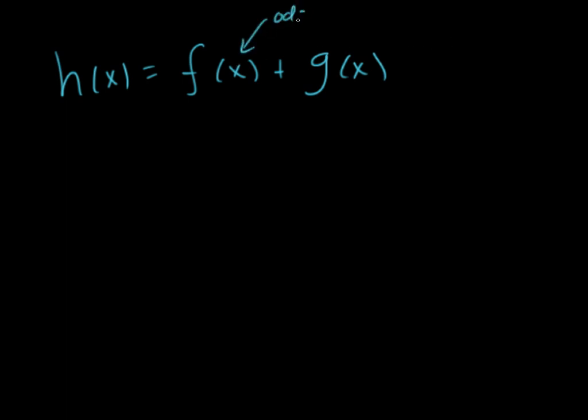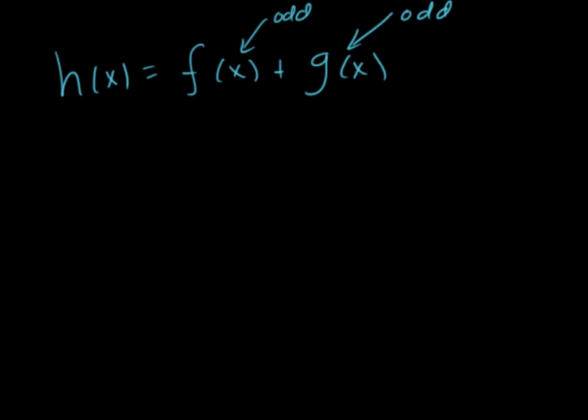Alright, it says prove that the sum of two odd functions is also an odd function. Okay? So let's say we have a function that is the sum of two functions. And we're defining both of these as odd functions.